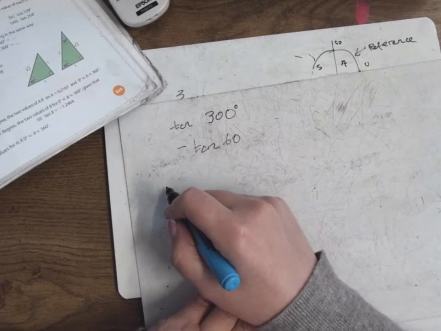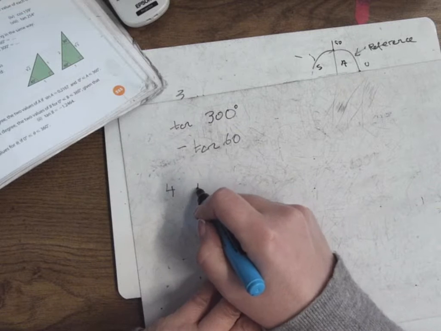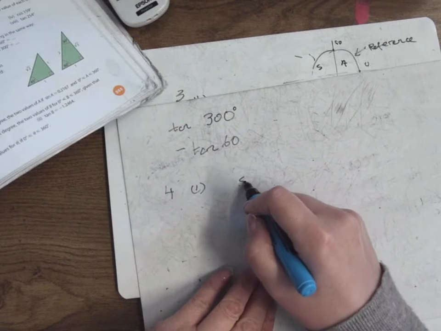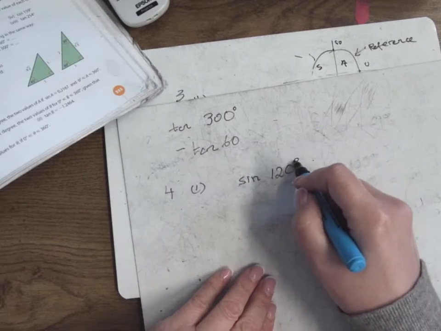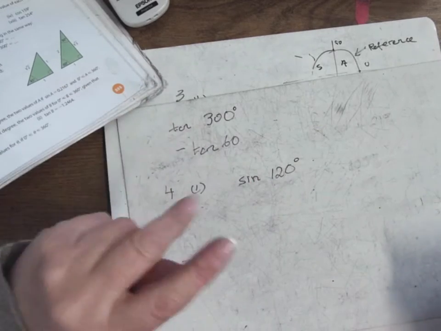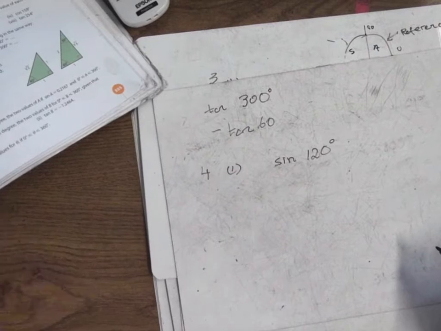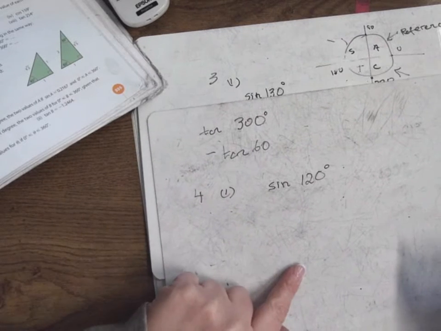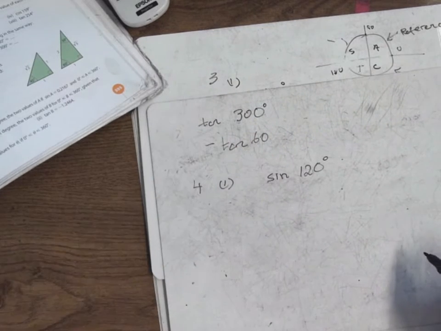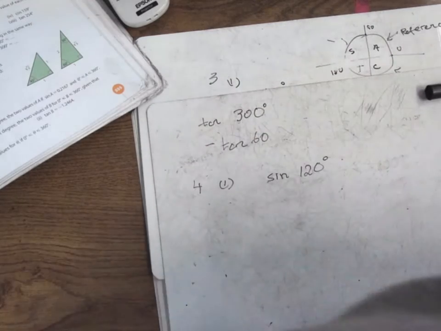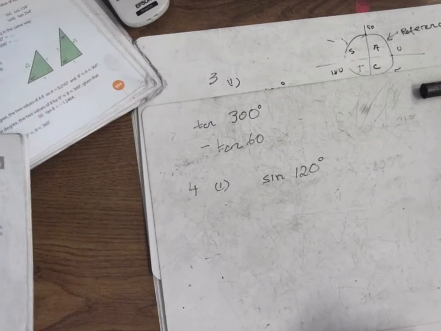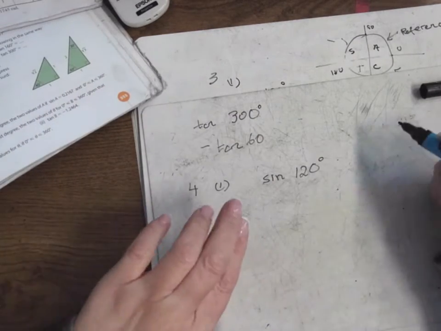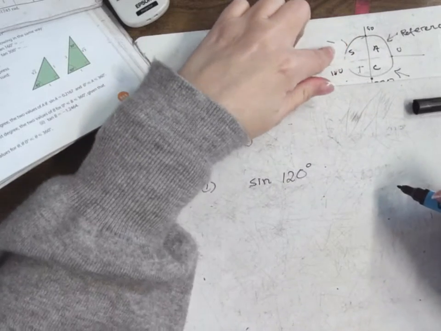Number 4 is sine of 120. It's the same as number 3, except this time you have to work it out and turn it into a number. So sine of 120, I'm just getting my log tables here, save me getting the calculator. Sine of 120, 120 would be here, wouldn't it?